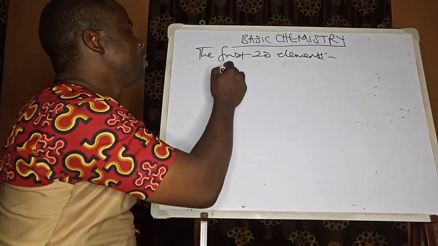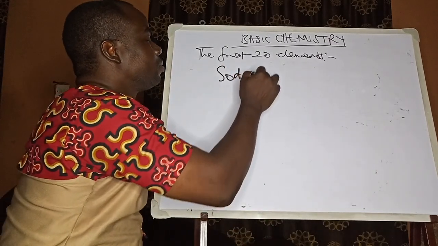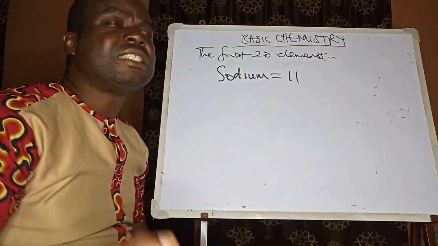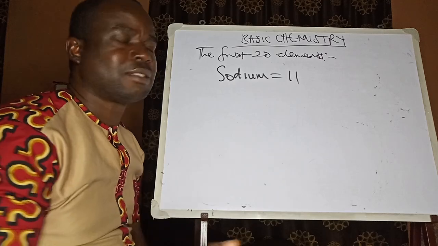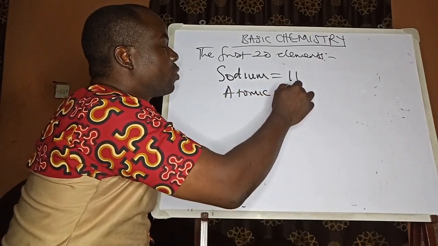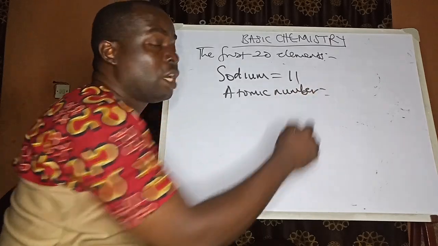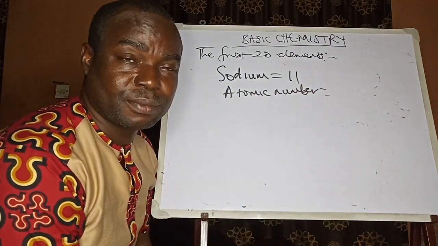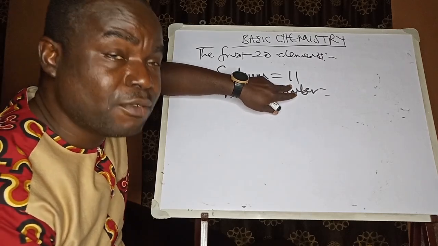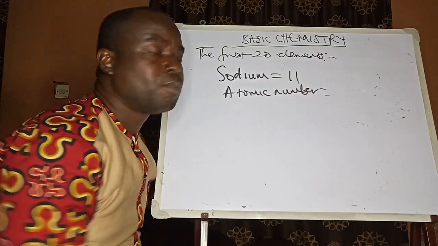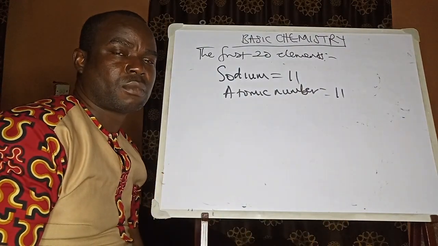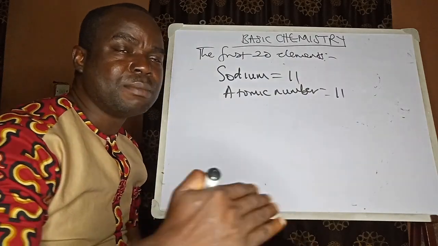So if I take something like sodium, which is number 11, follow me now. It implies that the atomic number, you were taught atomic number in JS3. So once you write the serial number of an element, sodium is number 11, it means that the atomic number of sodium is 11. So the serial number is the same thing as the atomic number.